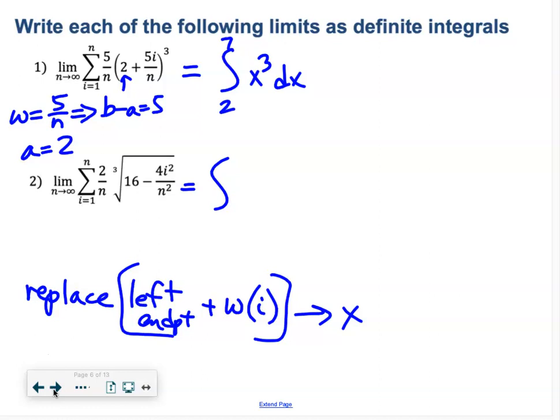I plug left endpoint plus width times I. That's my formula, F of left endpoint plus width times I. So my left endpoint is whatever I'm adding to this width times I that I've plugged into my function. And the left endpoint equals A, because we're going from A to B.